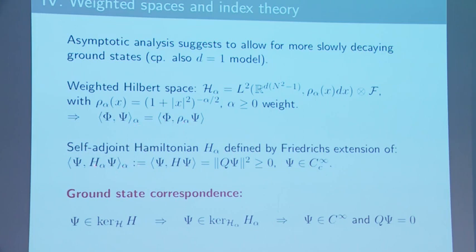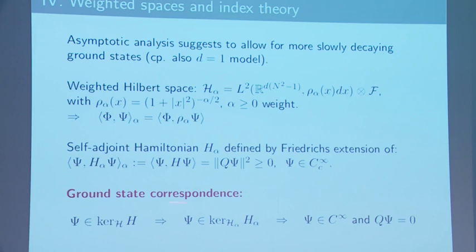Then we can define a Hamiltonian with respect to the new space, H alpha, but we define it just using the old quadratic form. So essentially, it's still Q times Q acting on psi in the old norm. And then you define this as an operator. Say you start with the smooth functions with compact support, and this is a non-negative form, so then you can take the corresponding Friedrichs extension here.